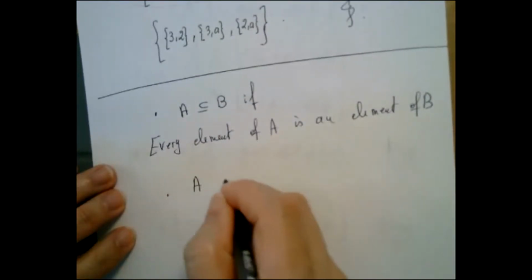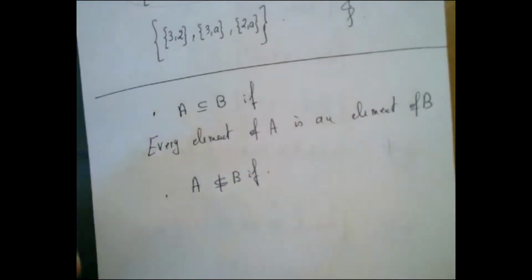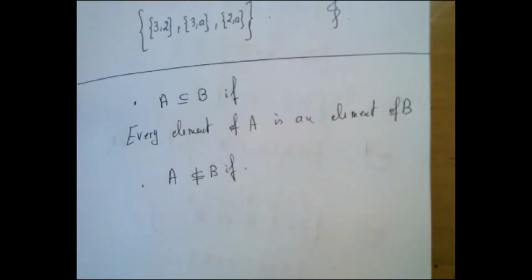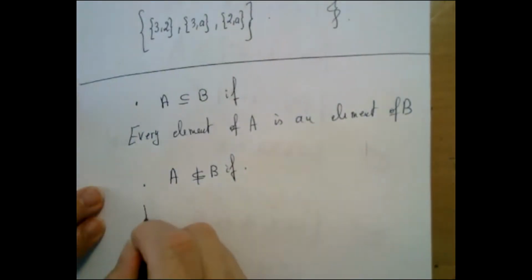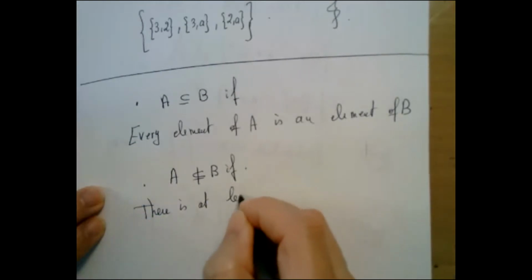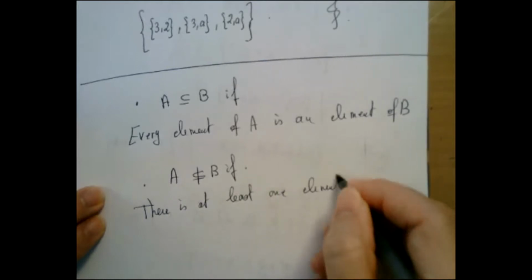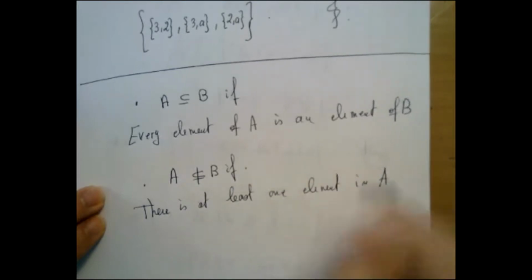And A is not a subset of B if, who would like to finish my sentence? If there is at least one element in A that's not in B.